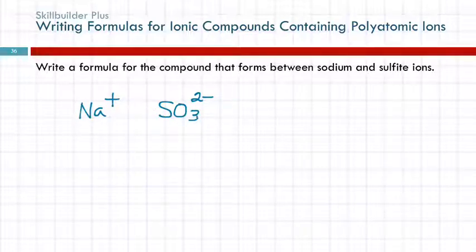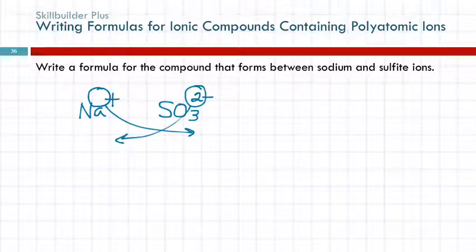So we got that. How do we put these two together? So we could crisscross. We could take this unwritten 1, becomes the subscript for the sulfite. This 2 becomes the subscript for the sodium. Because this is 1+ and 2-. The numbers are different. We can't just push them together because they won't add up to 0.